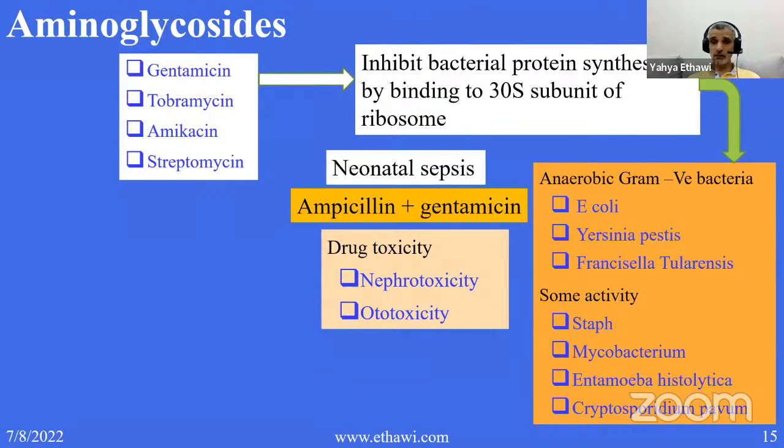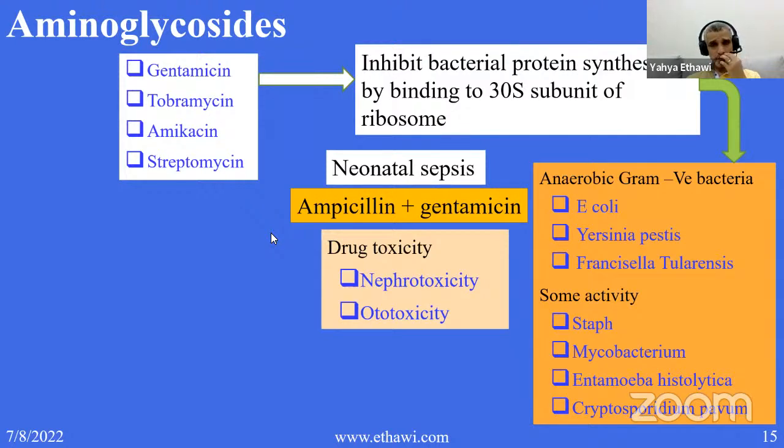The aminoglycoside works by inhibiting bacterial protein synthesis by binding to the 30S subunit of the ribosome, and therefore they are not bactericidal. So they are rarely beneficial alone. They need to be combined with something else, and they have lots of resistance.